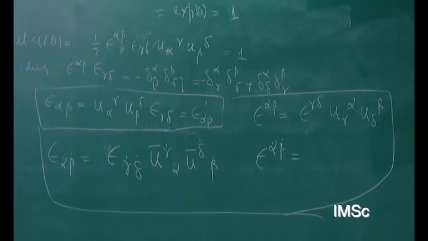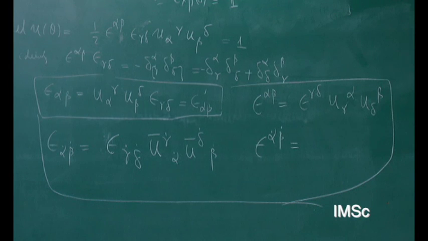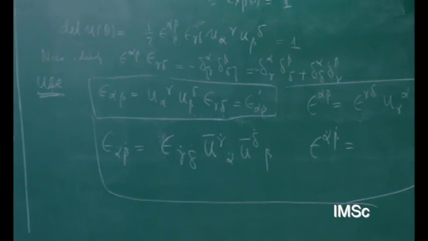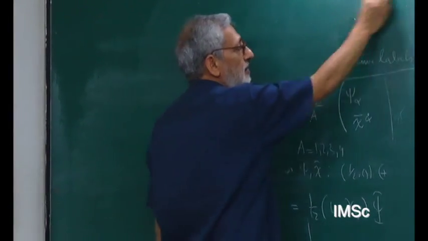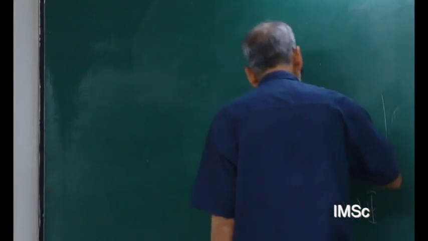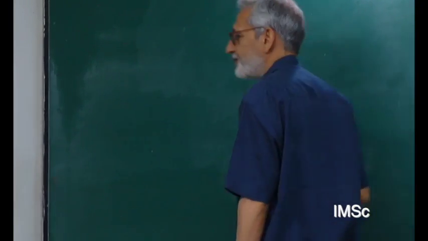These epsilon symbols are Lorentz invariant. And since epsilon symbols are Lorentz invariant, they can be used to lower or raise the spinor indices on any object we have. This is the same reason why we use eta mu nu to lower or raise the space-time indices: eta mu nu is invariant under Lorentz transformations.